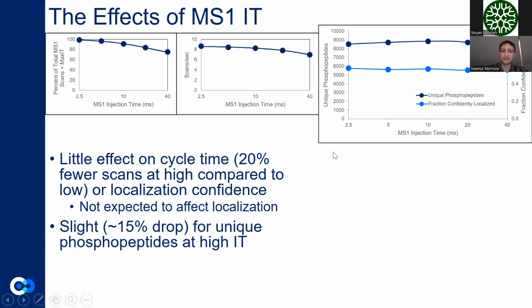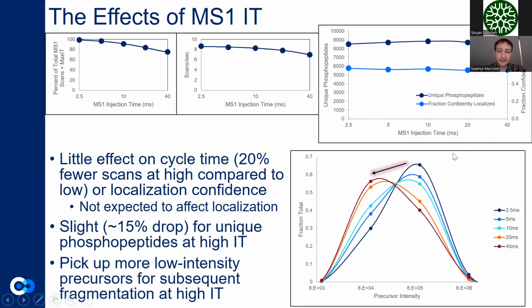We weren't expecting to see any effect on the localization, as this is just MS1 IT, so all we're doing is accumulating precursors for subsequent selection for fragmentation.